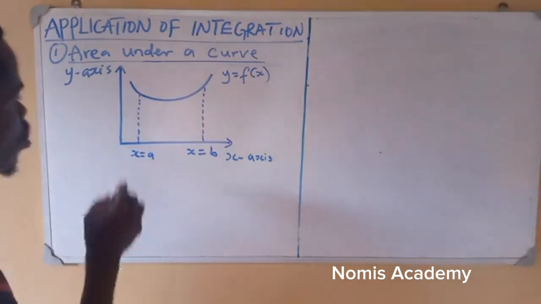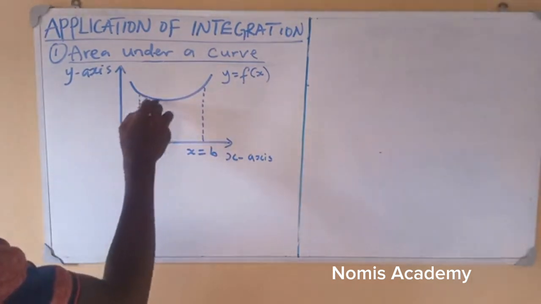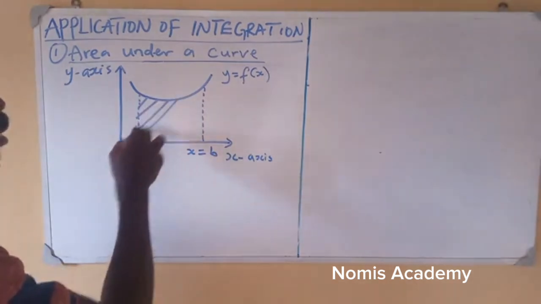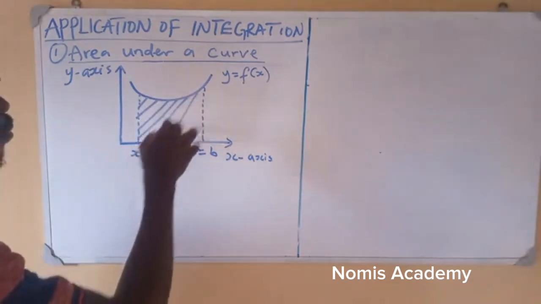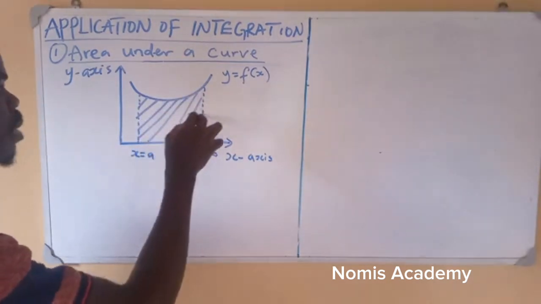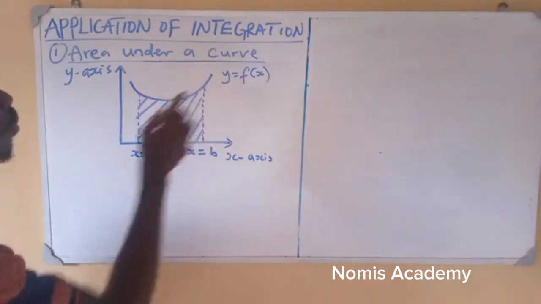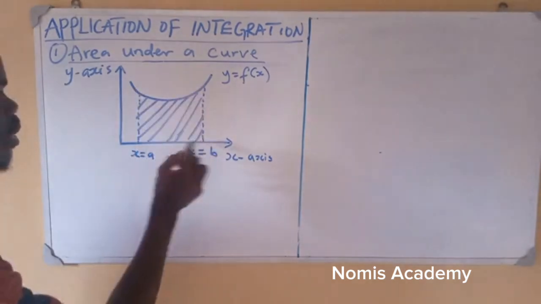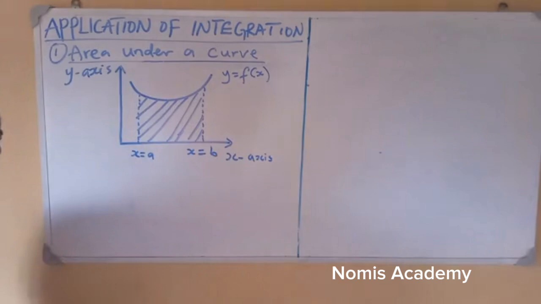So we are going to find the area under this curve, or bounded by the curve, the two vertical lines, and the x-axis.